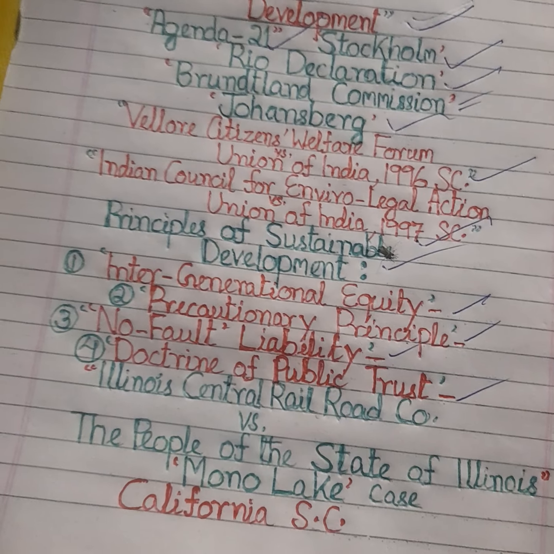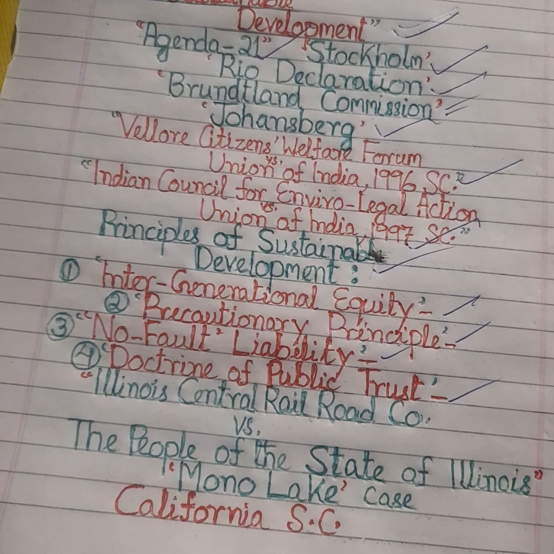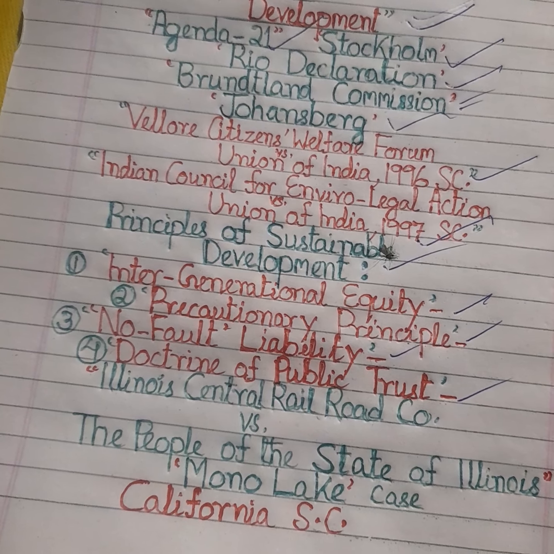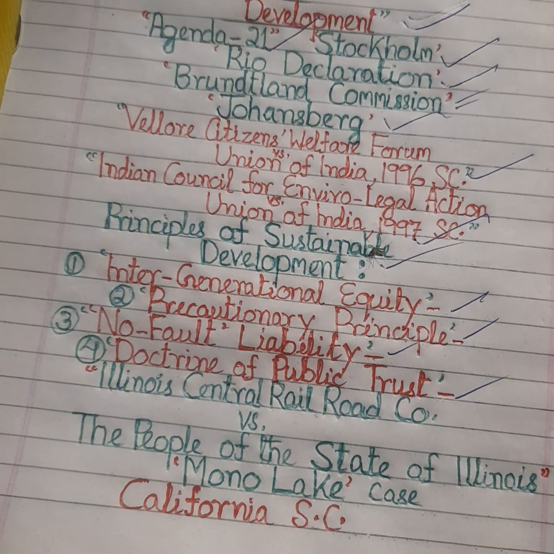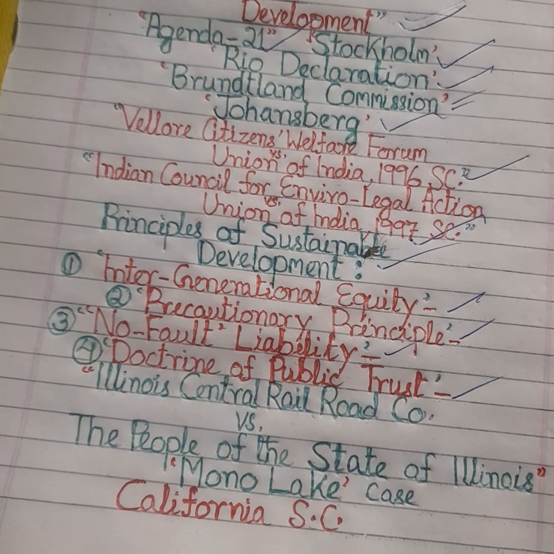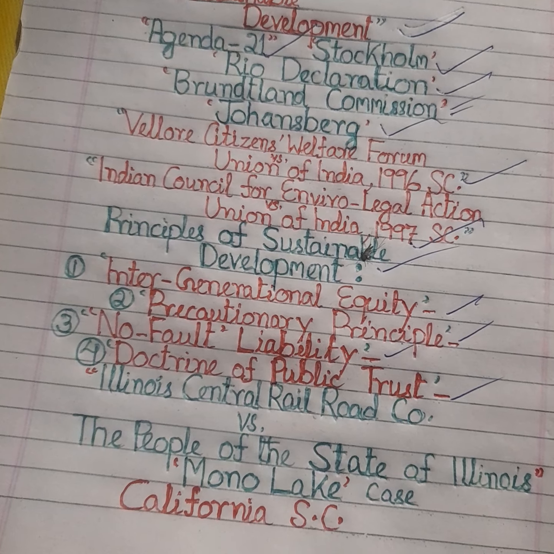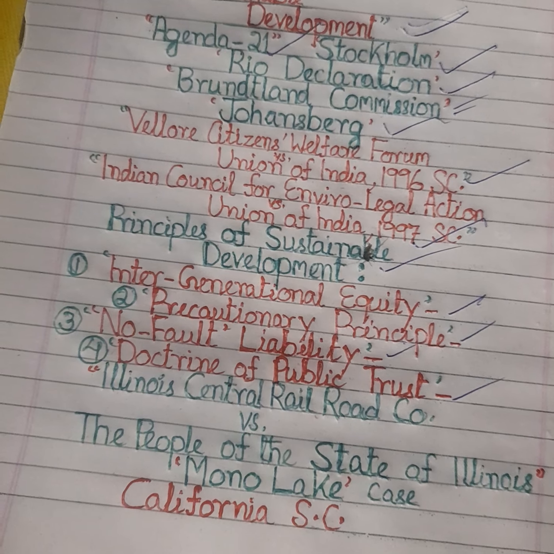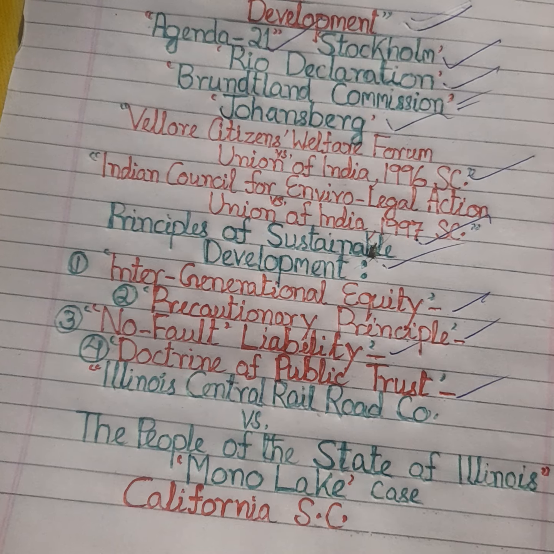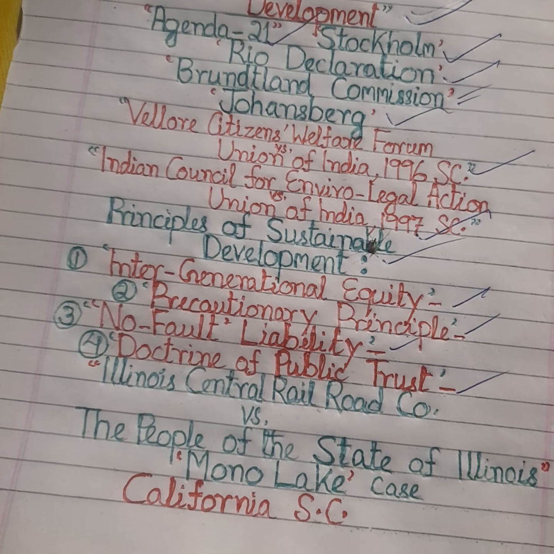Principle 6 of the Stockholm Declaration of 1972 and principle 15 of the Rio Declaration of 1992 speak about the precautionary principle. Thus, the precautionary principle underlines adopting environmental constraint in order to achieve sustainable development.